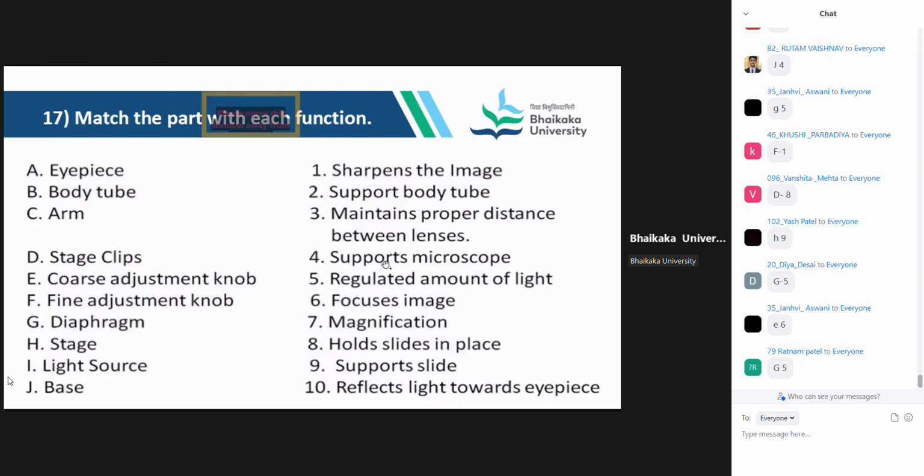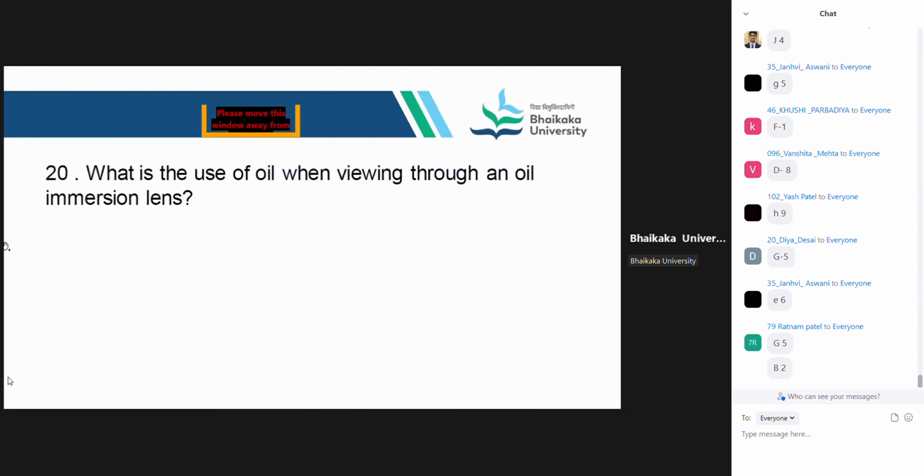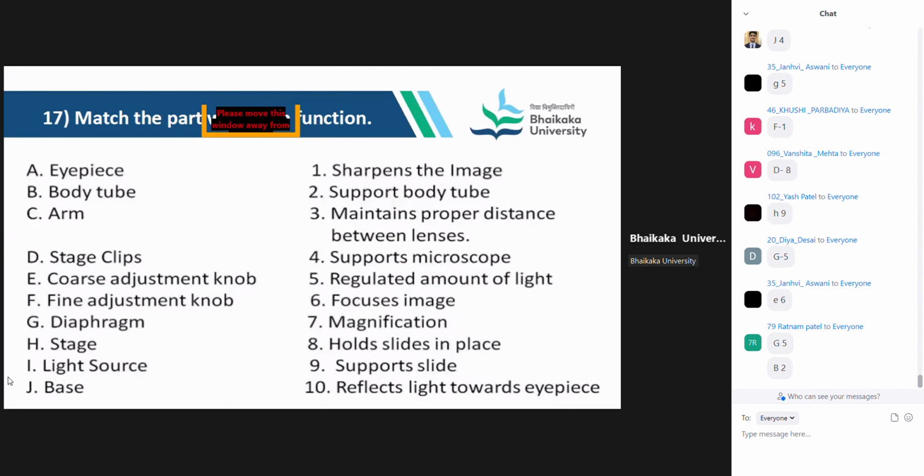Okay, now we see the answers one by one. The eyepiece: the function of the eyepiece is to magnify the image.